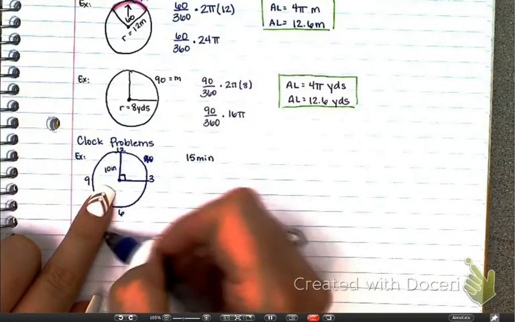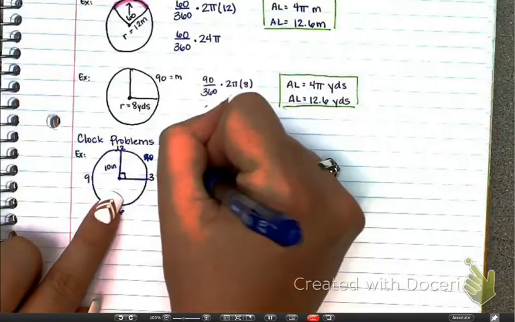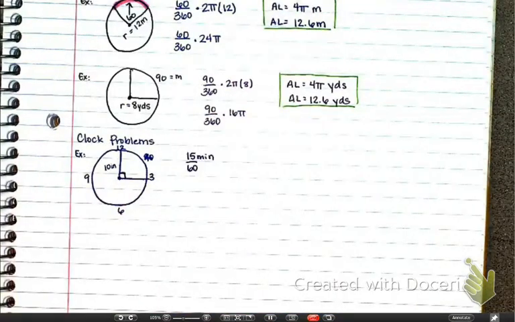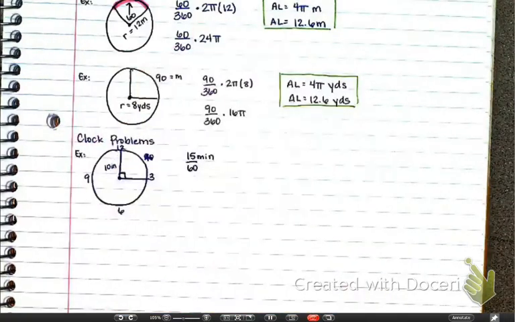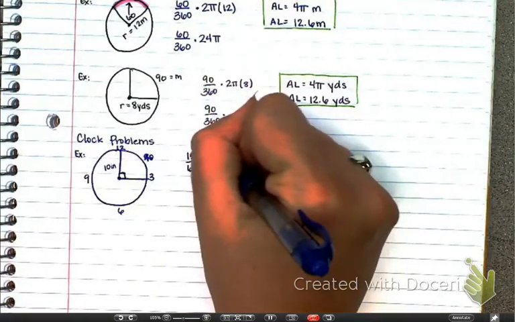How many minutes are in an hour? 60. So I'm going to say this is part of the whole hour: 15 over 60. Everyone okay with that? Now an entire clock is how many degrees? 360.